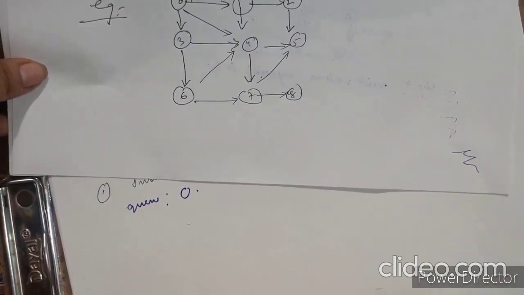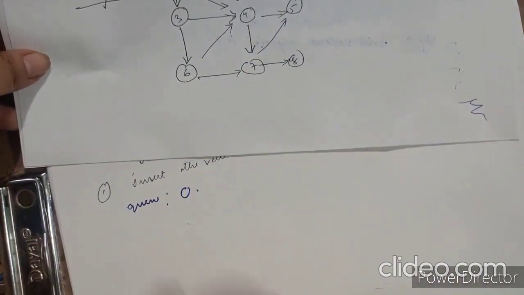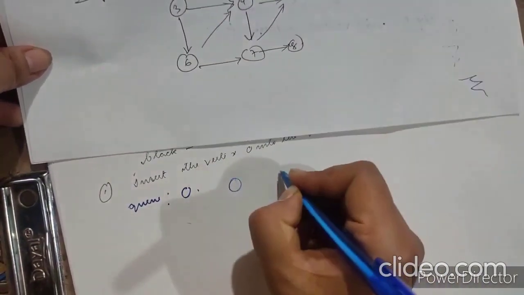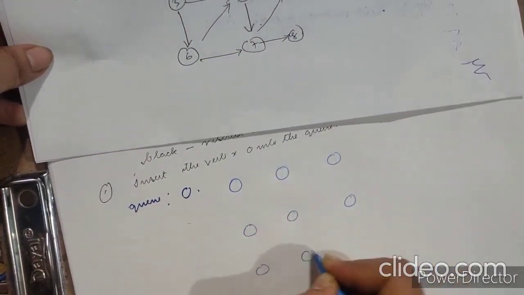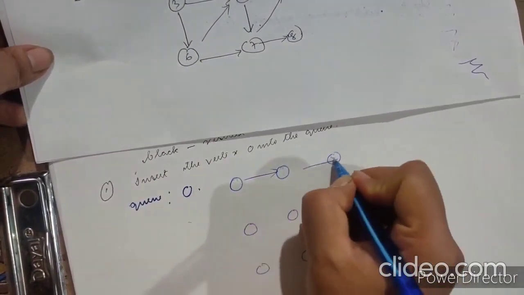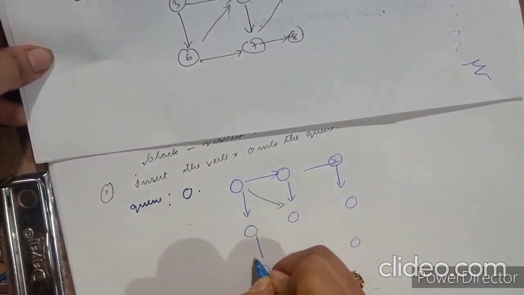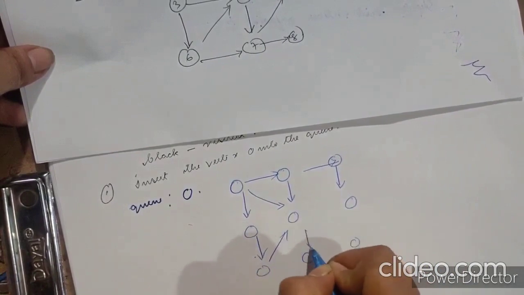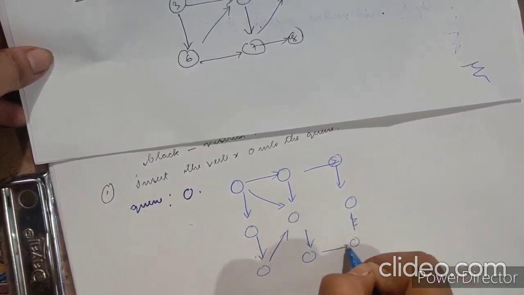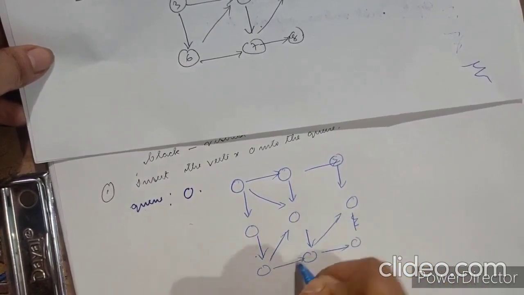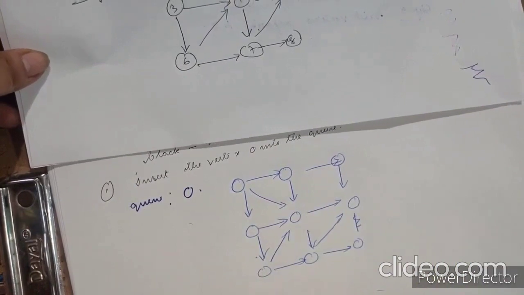So what will the graph look like? Let me draw it. So 0 is there.